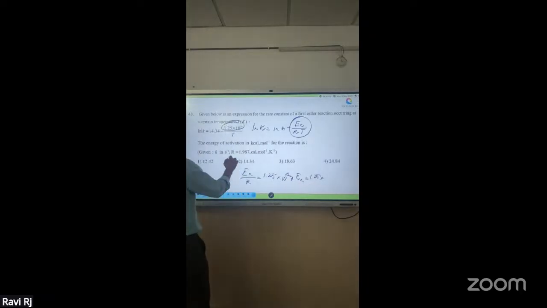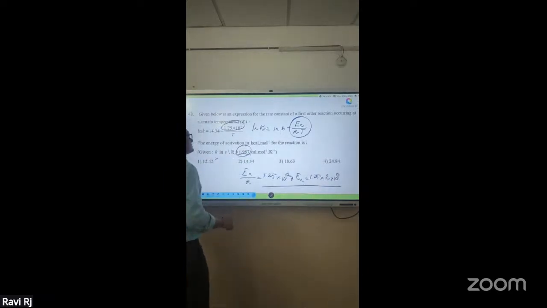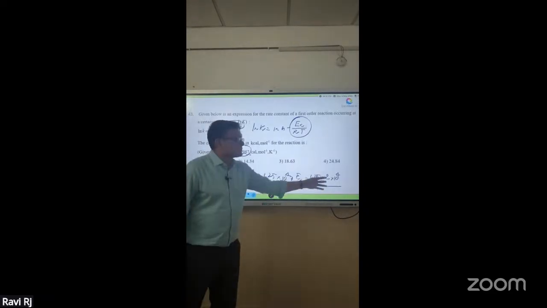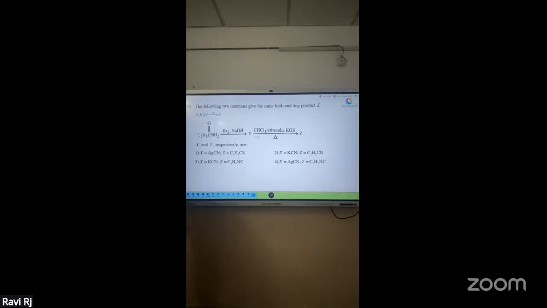You have to substitute appropriately because the answers are given in calories. So this is the value in kilocalories. You have to find out. So you can see it is 2.5 into 10 power 4, or approximately 24.84 you will get. Okay, 25. Now you have the next question.